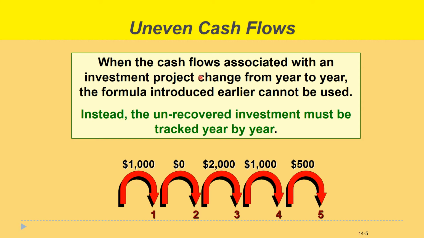when the cash flows associated with an investment project change from year to year, the formula introduced earlier cannot be used. Instead, the unrecovered investment must be tracked year by year. So let's say you have 1,000 in this year, zero in the next year, 2,000 in year three, 1,000 after year four, and 500 after year five.